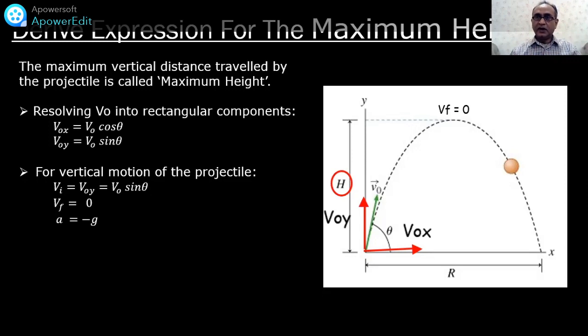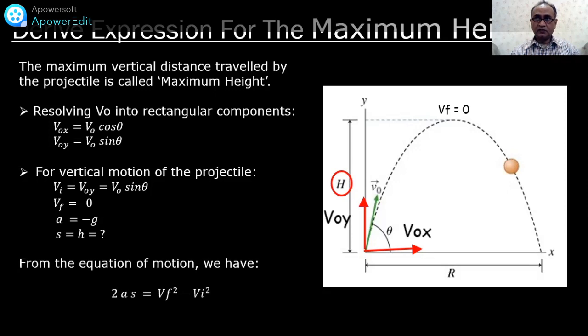Since the body is going up, a is equal to minus g. And we have to find the maximum height. Clear? We will be using this equation of motion, 2as is equal to vf square minus vi square.